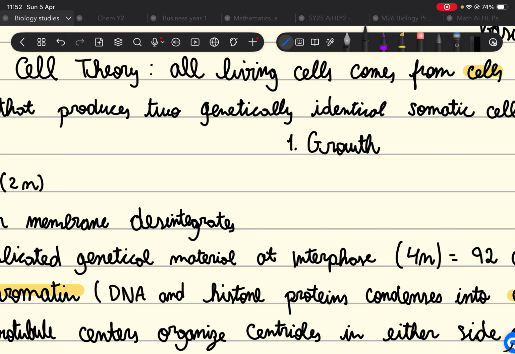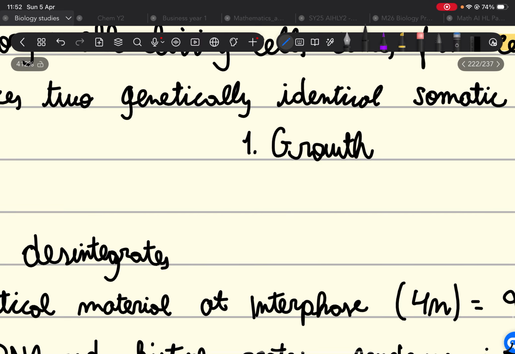All of the cells making it so I can grow, so I can have larger organs and more skin cells. So mitosis is that cell division that is responsible for our growth.